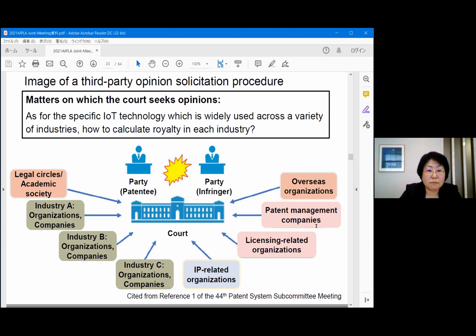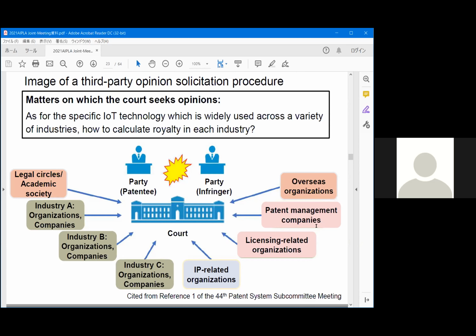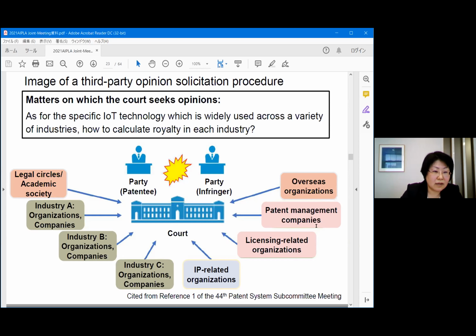You can see in the box above, for example, the matter on which the court seeks opinion is, as for the specific IoT technology, which is widely used across a variety of industries, how to calculate royalty in each industry. So after that, a third party, for example, a variety of industries, organizations, and legal circles can submit the opinion to the court. That's it for this new procedure.